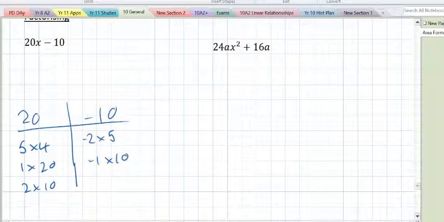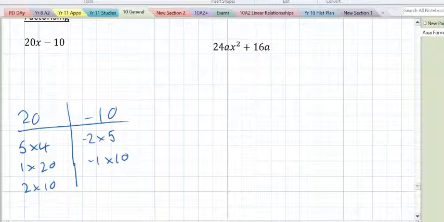For 20x minus 10, we take the numbers and find all their factors. Factors are numbers that we can multiply to make 20. So factors of 20 are 5 and 4, 1 and 20, 2 and 10. The highest one's 10. Good.